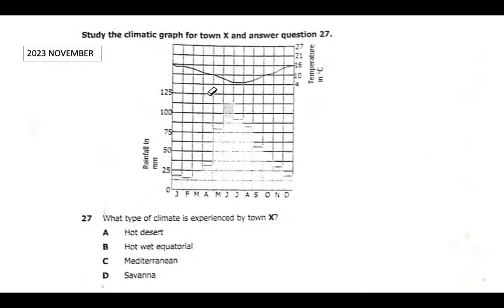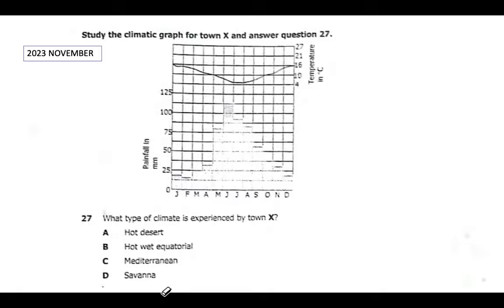So this climatic condition could be that of the Mediterranean, because the Mediterranean can have a downfall of temperature, and then temperatures are low in there. If they ask you what type of climate is experienced in town X, this is a Mediterranean. Take note that in savanna it is 26 to 27.